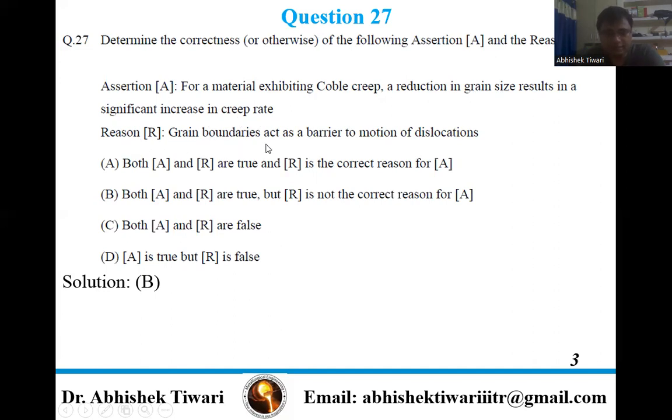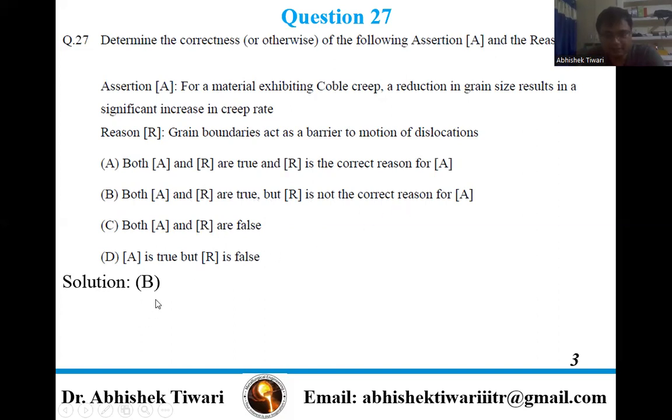And reason R says grain boundaries act as a barrier to motion of dislocation. So we have to see whether A is correct or not, R is correct or not, and then if R is the correct explanation to A or not. So in this, both A and R are correct, and R is not the correct reason for A. So the correct answer is B.